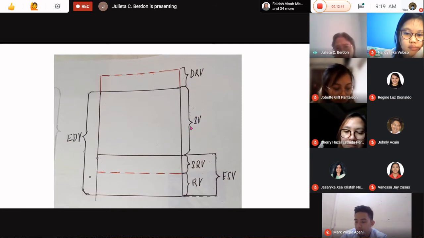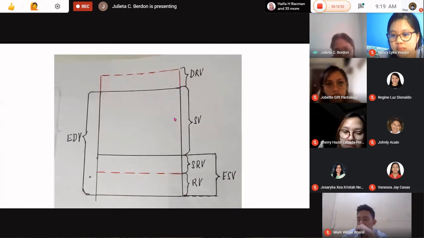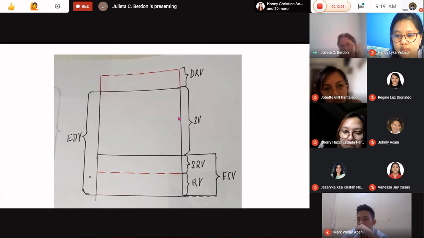Anything that will be ejected, your systolic reserve and your diastolic reserve, once it is ejected, becomes part of your stroke volume. So your stroke volume will be much increased. Is that clear? Any questions so far?